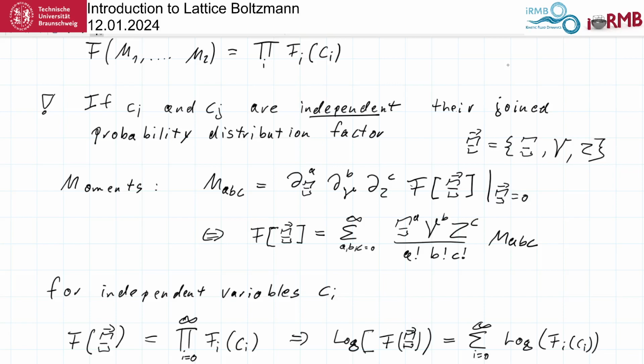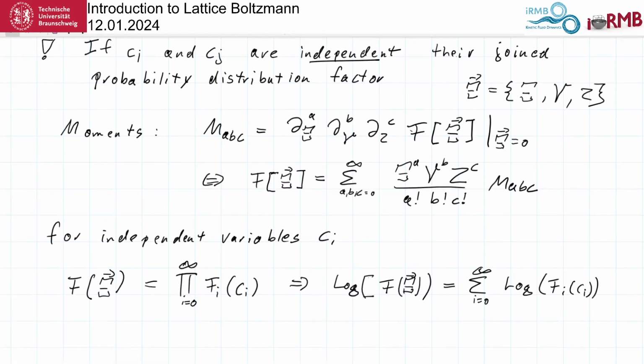Now the problem we are facing is that the moments are not independent because they are defined by a sum, where independent variables would be defined by a product. Since this is difficult, we can rewrite the product in terms of a sum. Instead of using the moment generating function, so the Laplace transform of the distribution function, we only need to take the logarithm of the moment generating function.